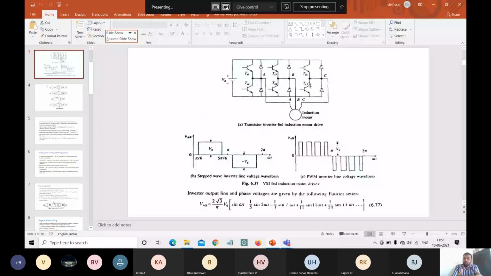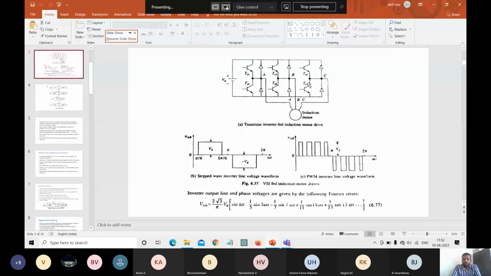Forward motoring, first quadrant, forward braking, reverse motoring, reverse braking, and so on. Like that, the 4 quadrant operations can also be performed by using our pulses and phase sequences.